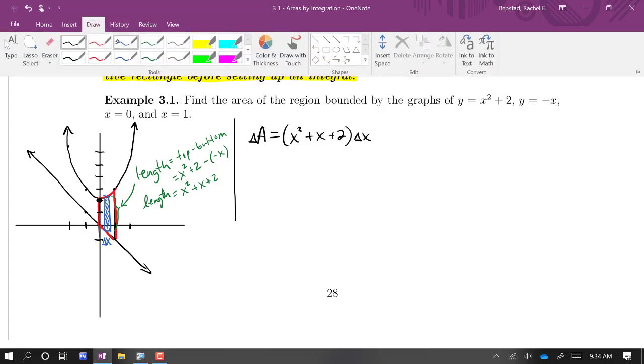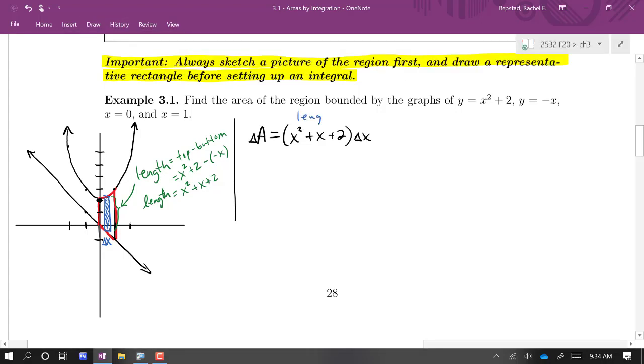This is length times width. And if I can write the expression that gives me the area of this one sample rectangle, then the integral pretty much writes itself.